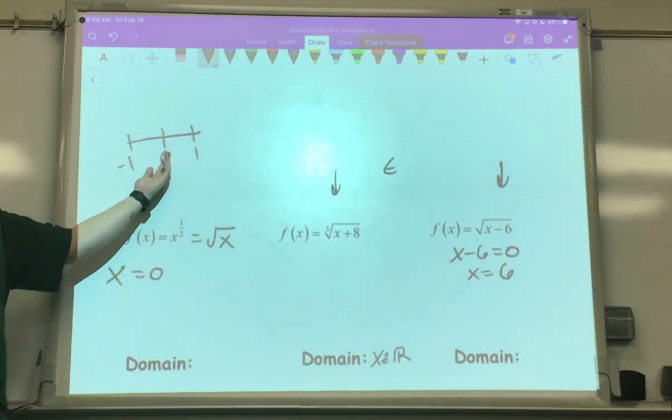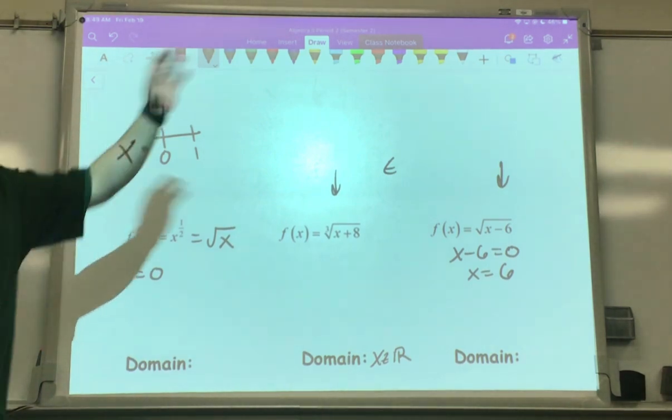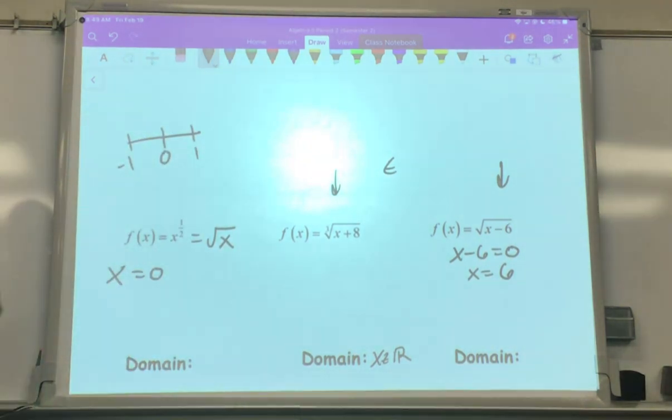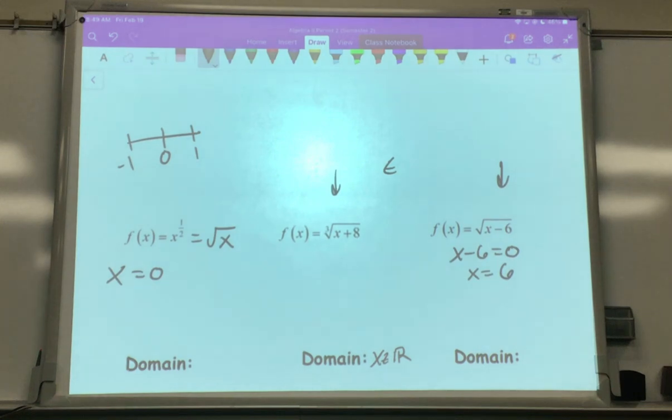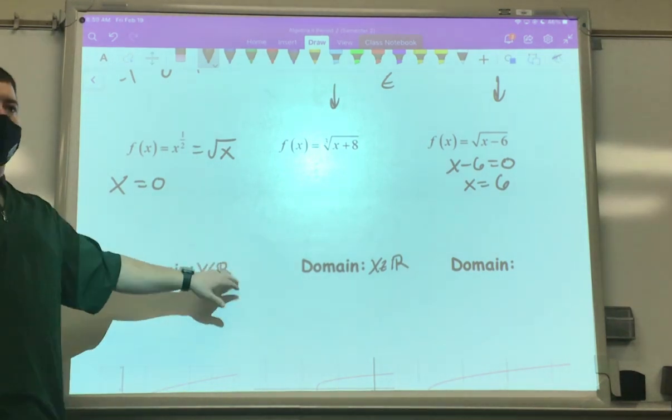Okay, so everything to the left of that 0 are the values that won't work, correct? Everything to the right does. And when I ask for that domain, I'm asking for the values that do work, correct? That will be part of everything.